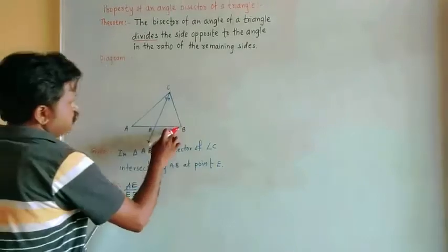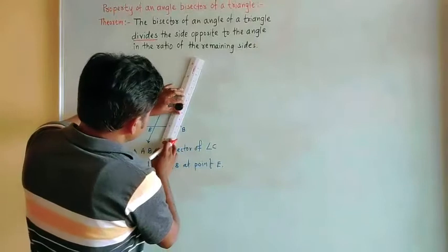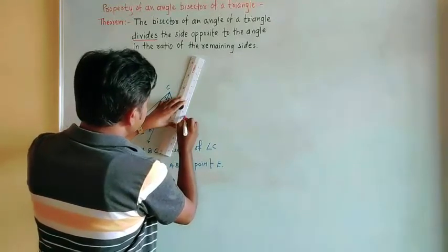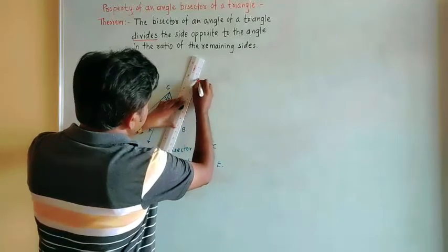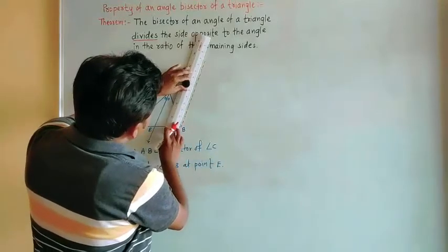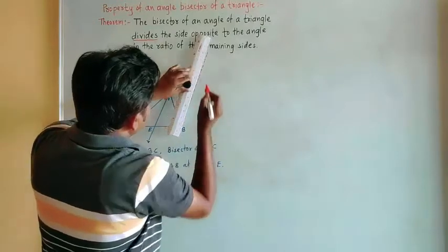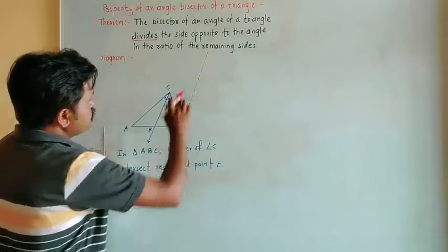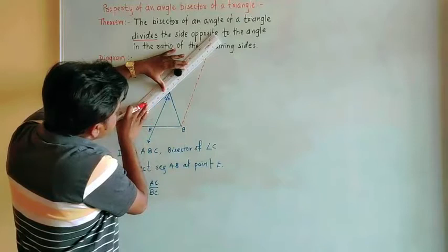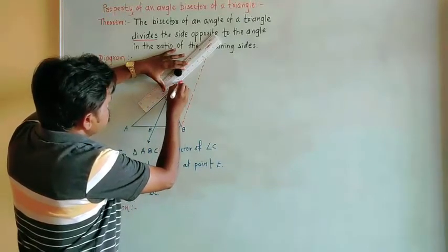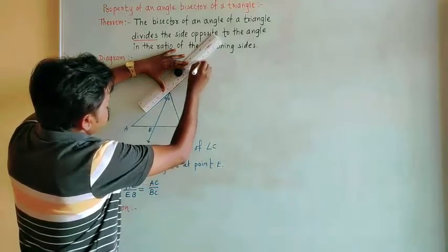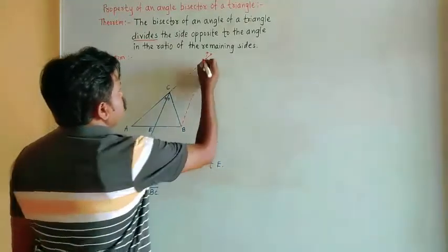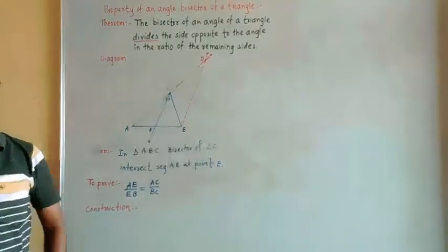From point B, you draw a parallel line to ray CE, and you extend AC to meet it. As we make this construction, we name the point of intersection D. That is our construction.